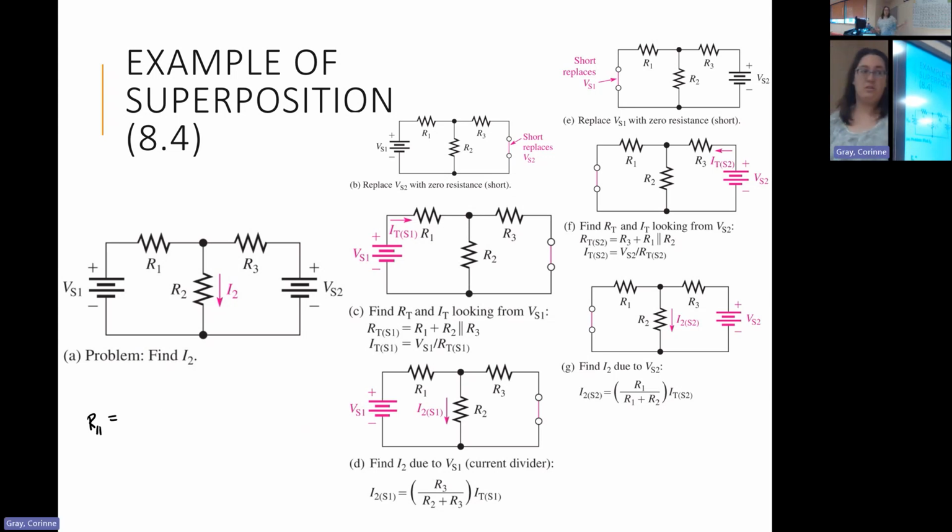Right, so let's just do this for the left one. The same equation works out for the right one as well. Our RT in this case is the total value for the parallel, so that's 1 over R2 plus 1 over R3, to the -1.